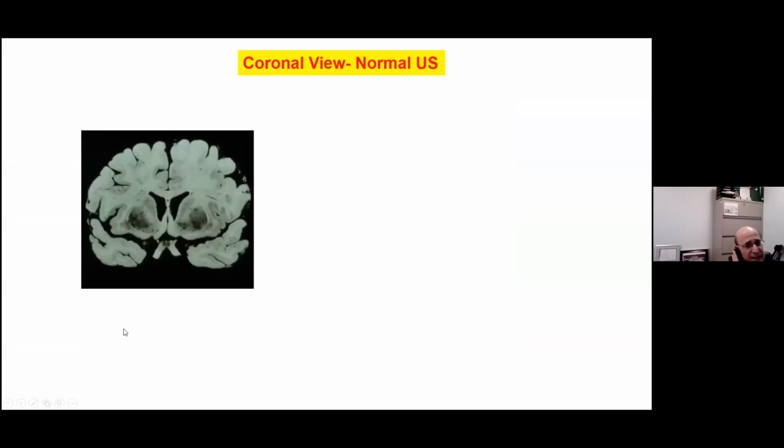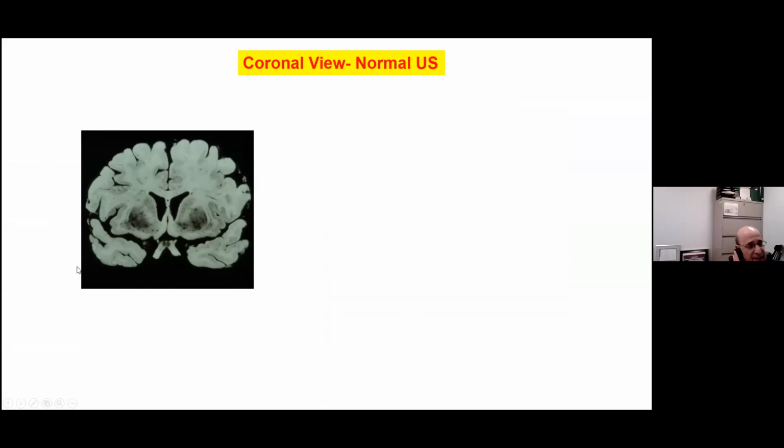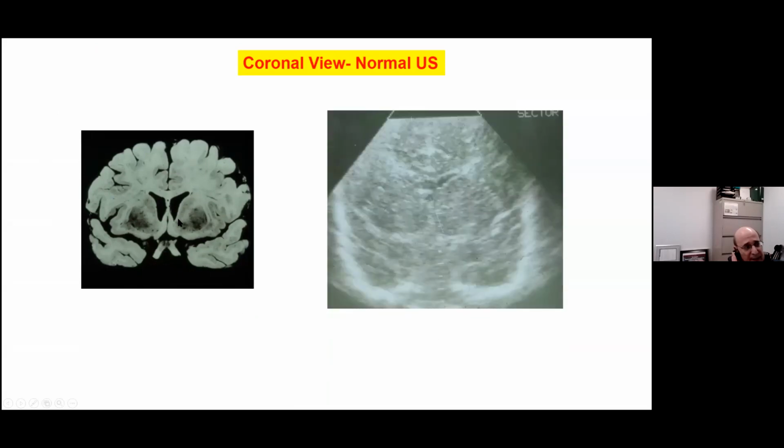So this is a coronal view of the ventricles, and you can see these are the frontal horns depicted here in dark. And adjacent to the ventricles over here is where the germinal matrix will reside.